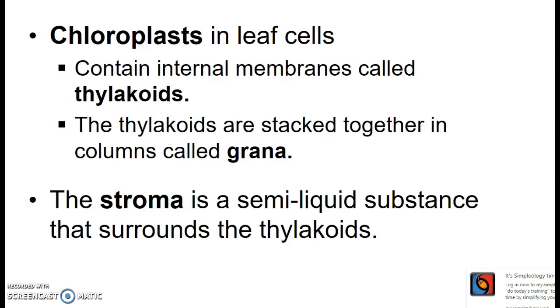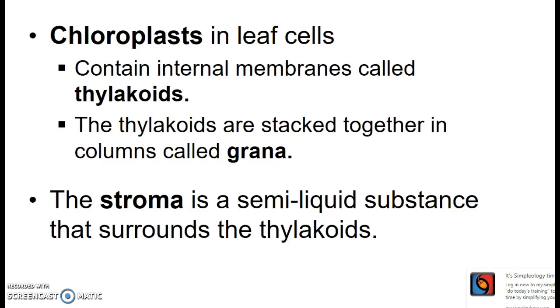So chloroplasts are structures in the cells of leaves and cyanobacteria and algae that are responsible for carrying out the process of photosynthesis. So as we're moving through today's talk, we're going to be looking at what happens in photosynthesis, but I wanted to tell you where it happens.